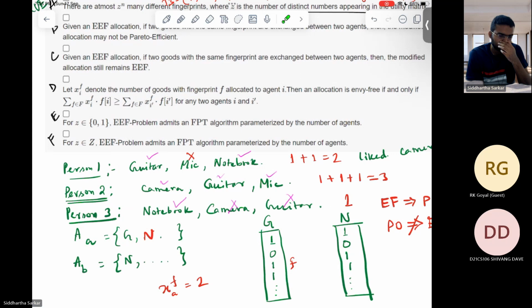So f of i would be f_i, that is, I'm slightly concerned. What is f_i is not well defined because fingerprint is defined for objects or items. Let me just try to make a guess about what they might be trying to say.